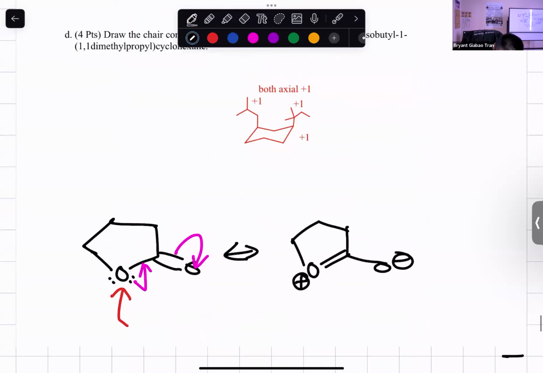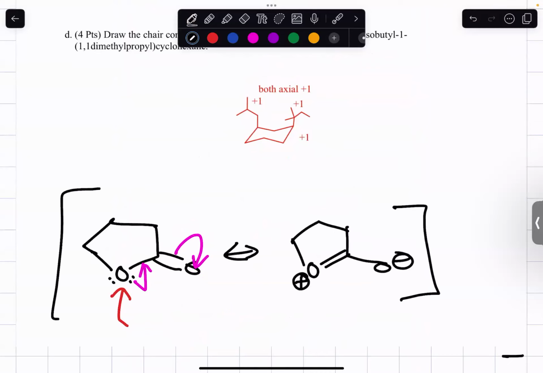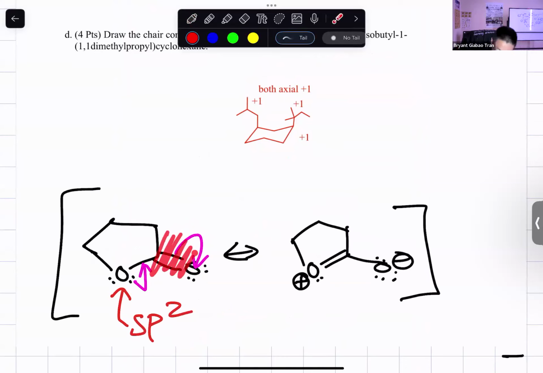So that would mean that it is sp2. Yep, sp2. If this carbonyl was not there, it would be sp3.